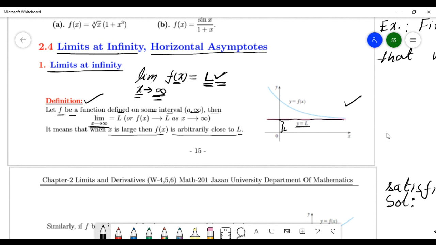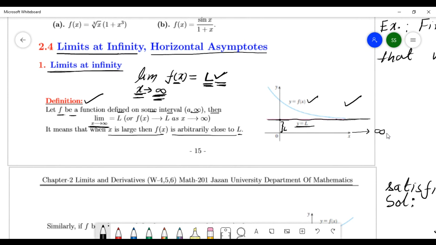Okay, and when x goes to plus infinity, when x goes this way to positive infinity, the function f(x) comes close to this number. And what is this line?